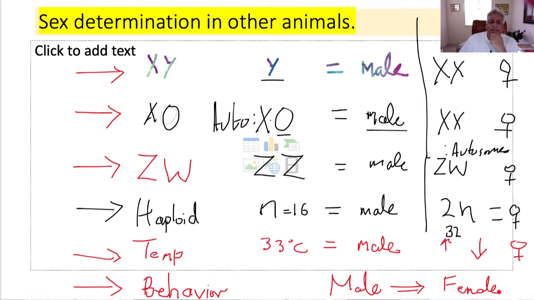So this way, you're not ever without a female. It is amazing, but it is what it is, right? So what you've seen here is an explanation of how sex is determined in the animal world under various conditions.